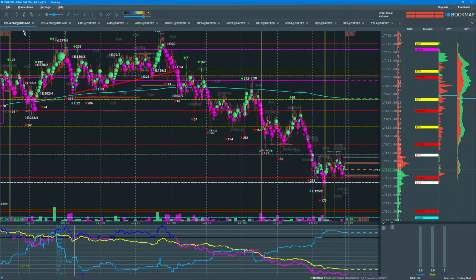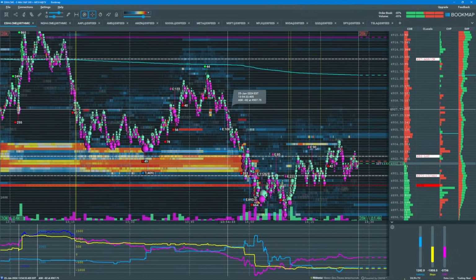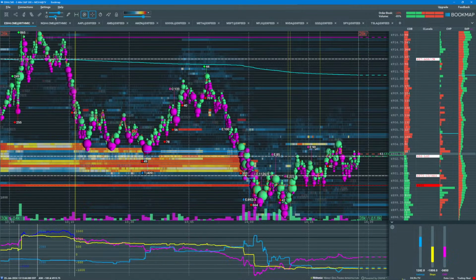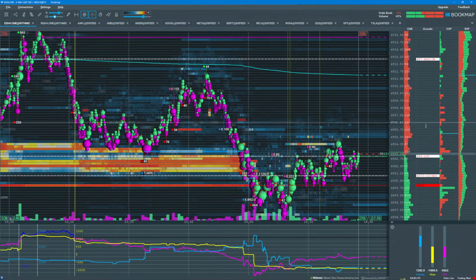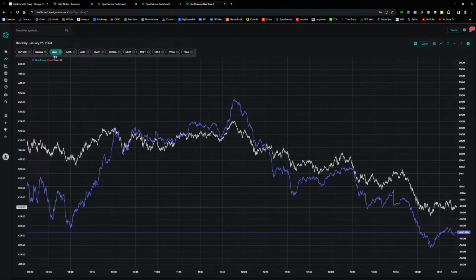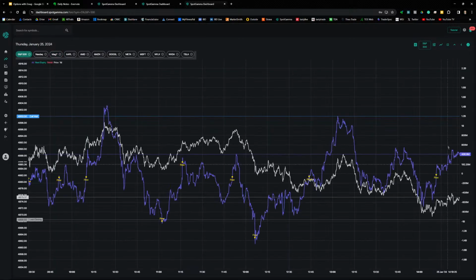Let's go back to the S&P 500. All right, so S&P 500 may be finding support. Let's go back and check hero signals. So Mag 7 continues to move lower. S&P 500 still rising.